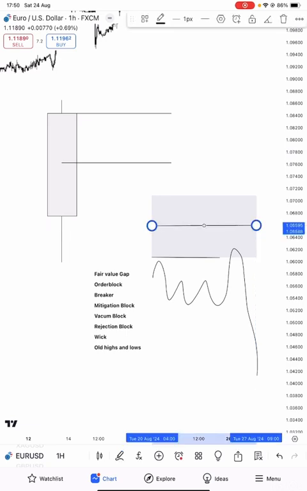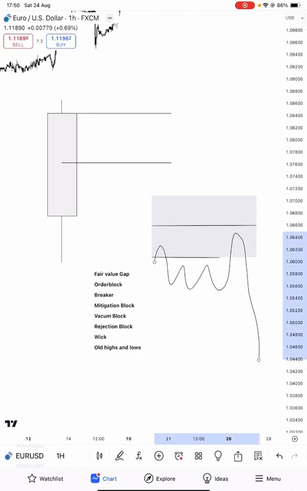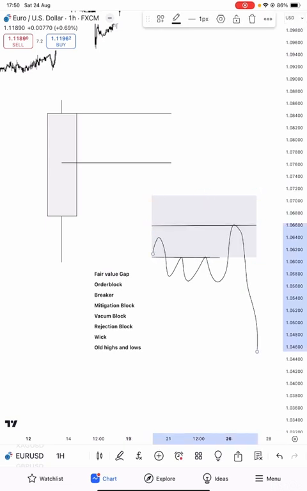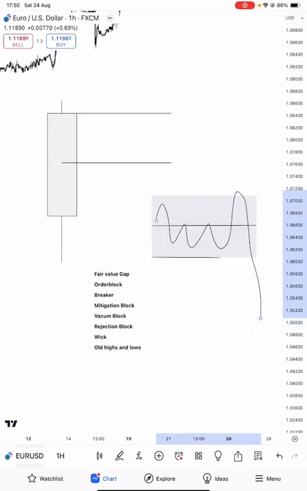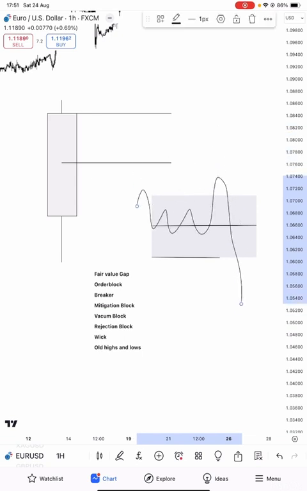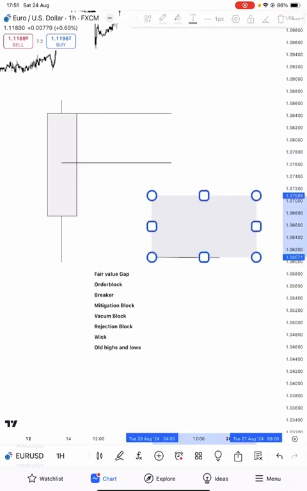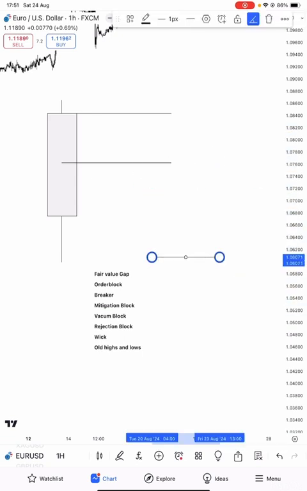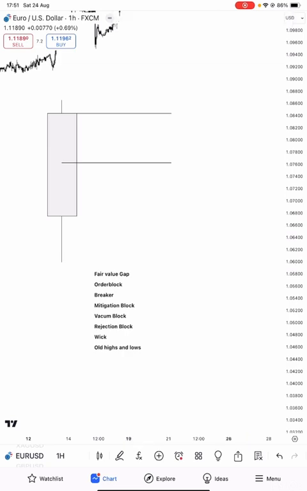Usually, if price wants to dig deep into the inefficiencies, the 50% is the level, and there is an example, BTC 3-month chart. The 50% provided the reaction to go lower. Usually, if price closes above 50% on a fair value gap, you can allow it to respect the low with the body. And so there are 3 levels on a fair value gap.